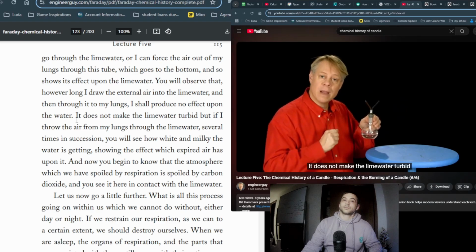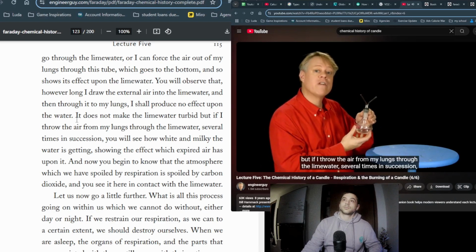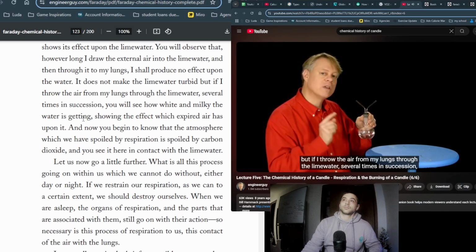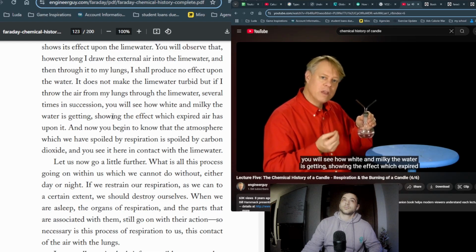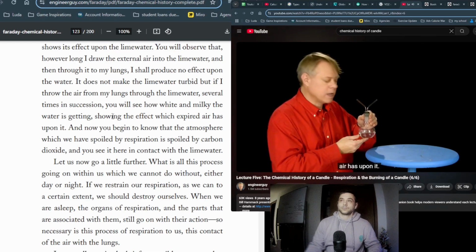It does not make the lime water turbid, but if I throw the air from my lungs through the lime water several times in succession, you will see how white and milky the water is getting, showing the effect which expired air has upon it.